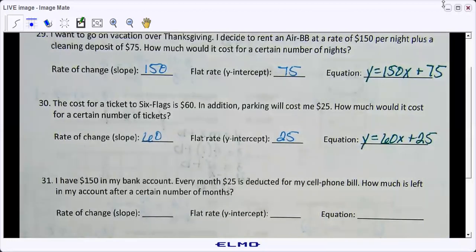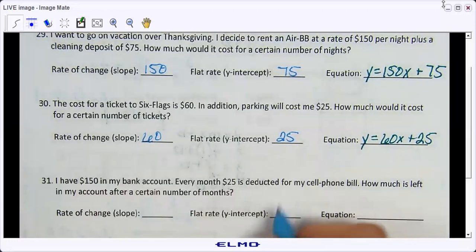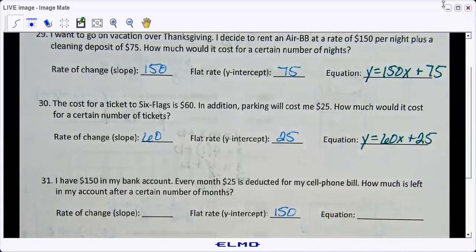I have $150 in my bank account, and every month $25 is deducted for my cell phone bill. How much is left in my account after a certain number of months? So you're starting with 150. That's your flat rate that you're starting with. And every month, $25 is being deducted.